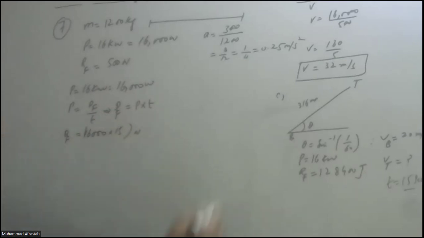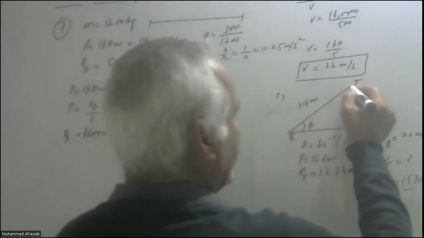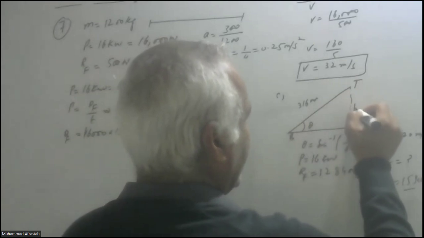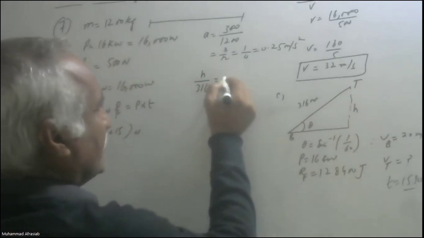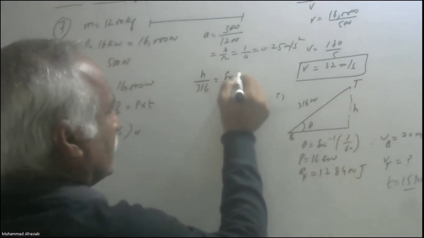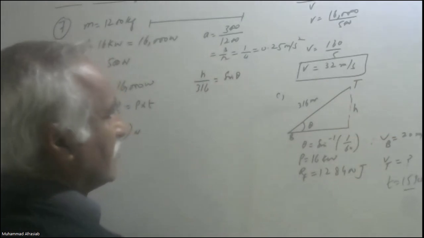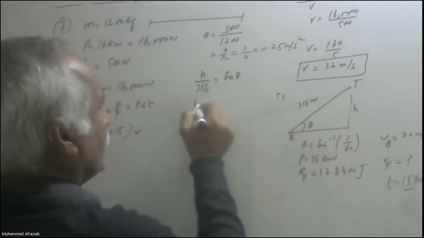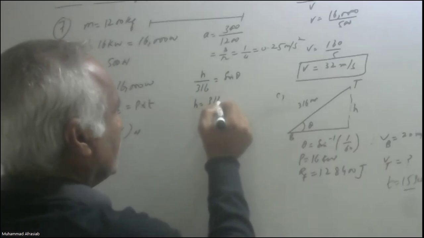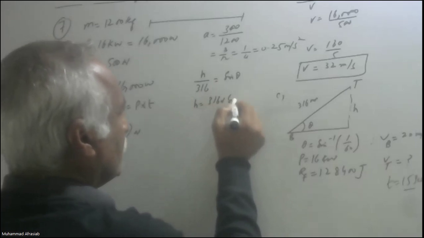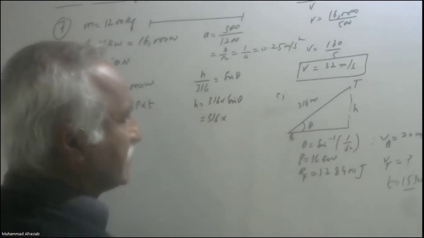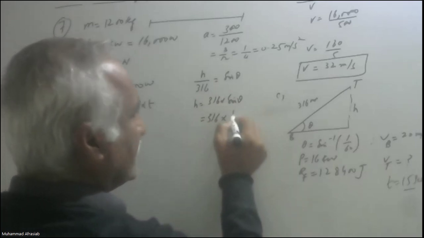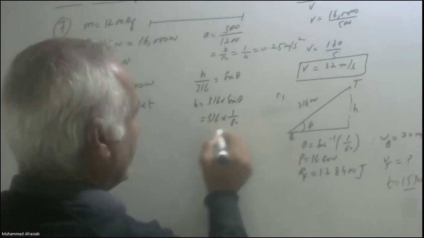Now, as it is moving upward, let's say it is gaining a height h meter, then h over 316 is equal to sine theta. So h is equal to 316 times sine theta, that thing is equal to 316 times 1 over 60.